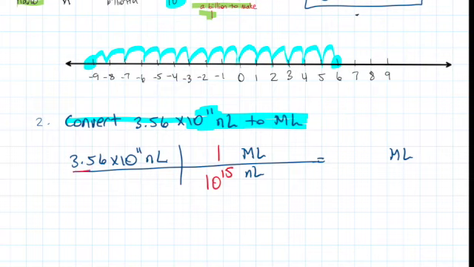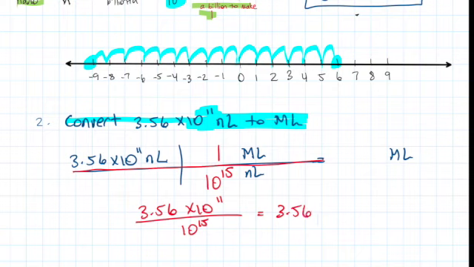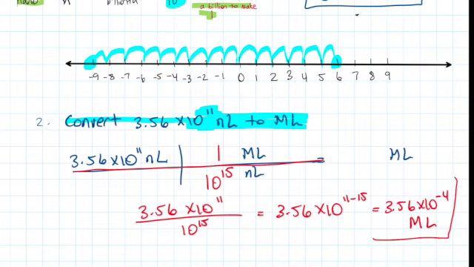So now I'm dividing because this line means divide. So I'm going to say 3.56 times 10 to the 11th divided by 10 to the 15th. When I divide with exponents, I subtract them. So this is going to be 3.56 times 10 to the 11 minus 15. And that's going to give me 3.56 times 10 to the negative 4th megaliters.